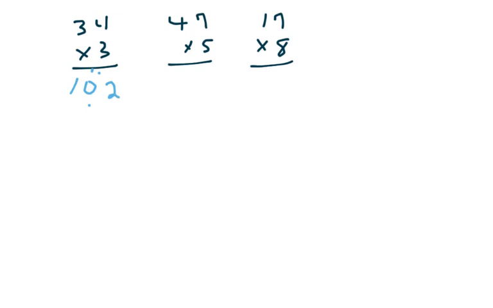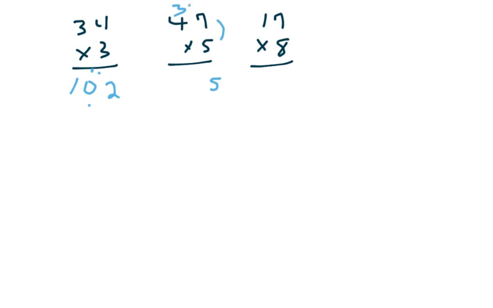Okay? The next one, 47 times 5. 5 times 7. What's 5 times 7? Well, it's 35. So I put the 3 tens over here to add on, but the ones column is going to have the 5, the 35, 5 ones.